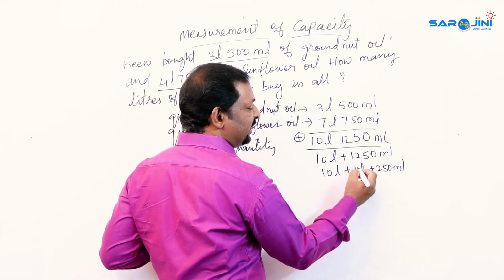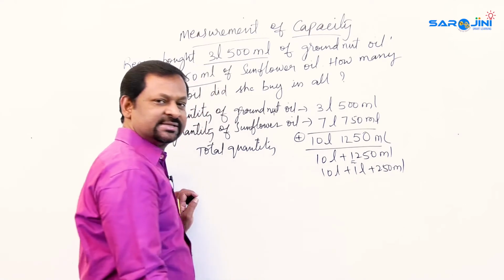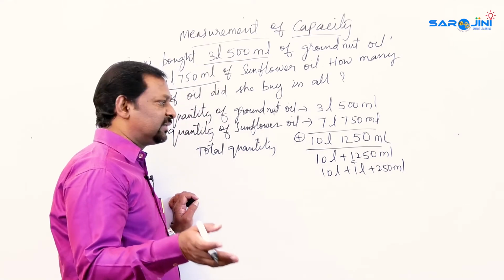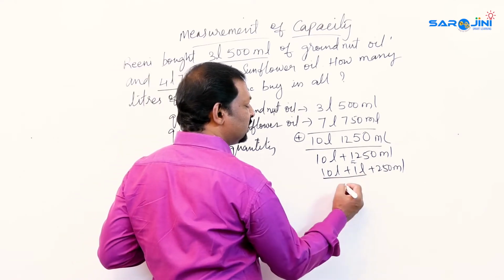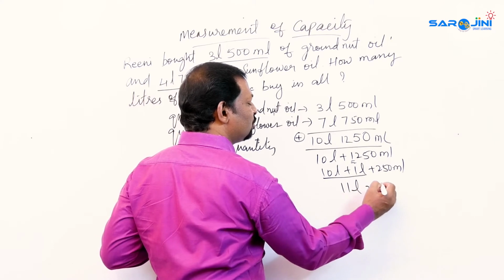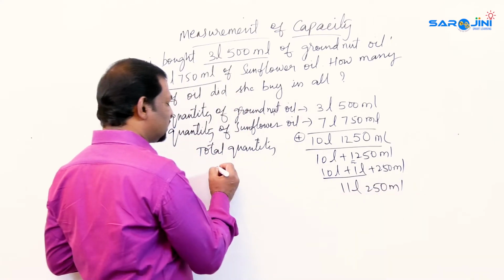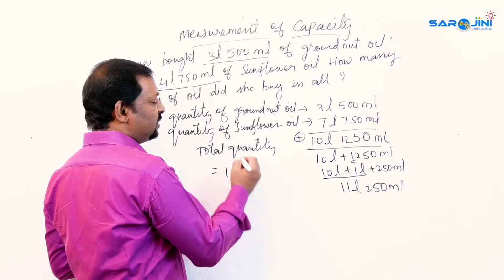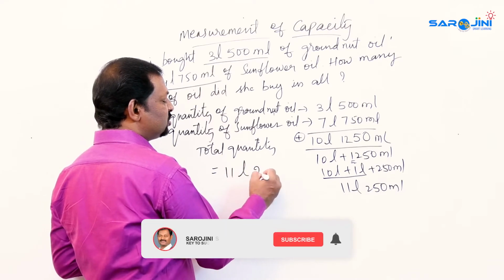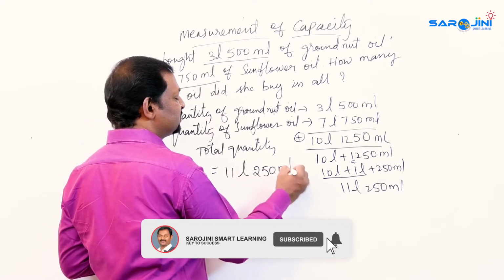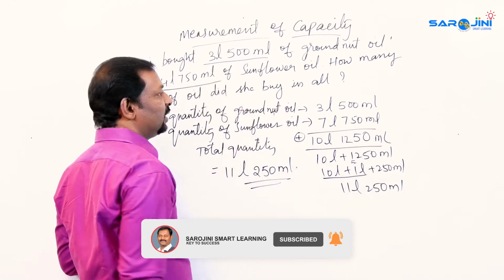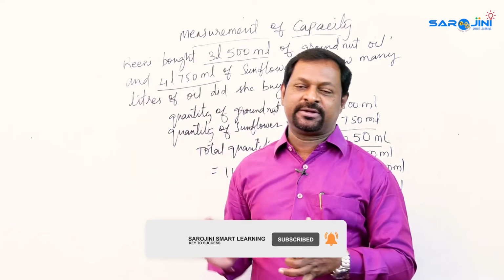Why am I writing 1 liter? Because this is already 1000 given. So 1 liter is equal to 1000 ml. So on total it is 11 liter 250 ml. So total quantity what she bought? Really 11 liters 250 milliliters she bought in all about this question.